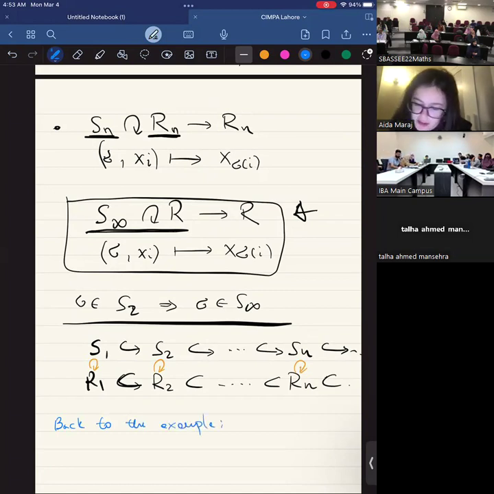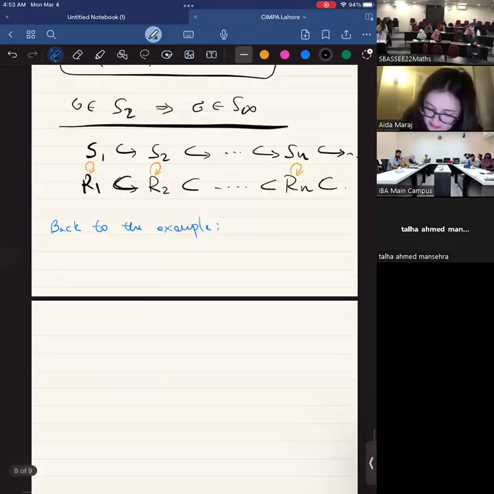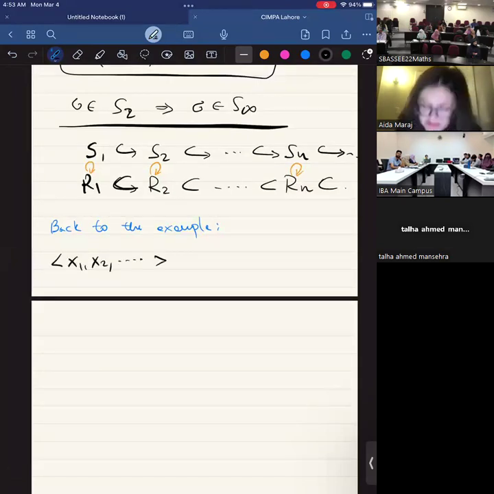So in this case, we can write, so we had this x1, x2, and so on that had infinitely many generators. We can write it as S infinity of x1.